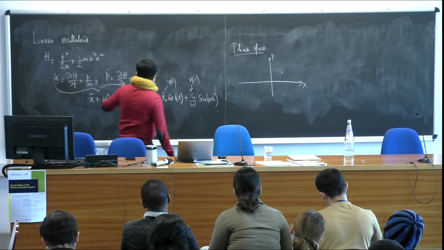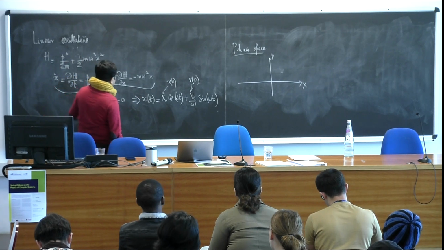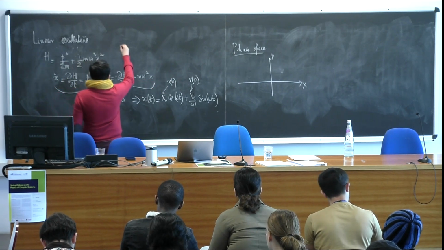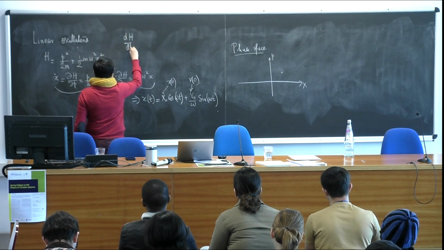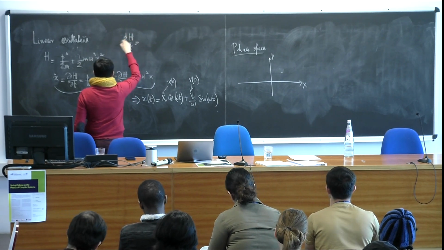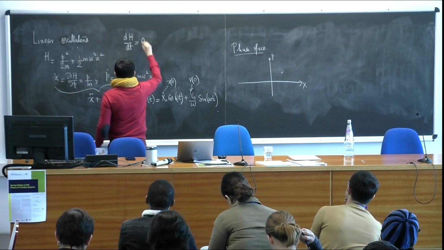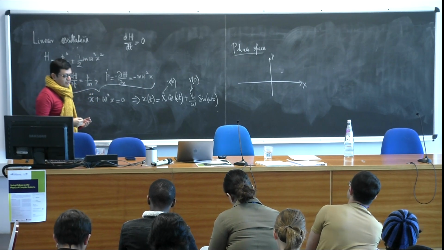For the simple harmonic oscillator, it is quite easy to draw the corresponding trajectory by making the following observation: if I look at the time variation of the energy, of course I will get 0 because this is a Hamiltonian system. Therefore energy is a constant of motion.